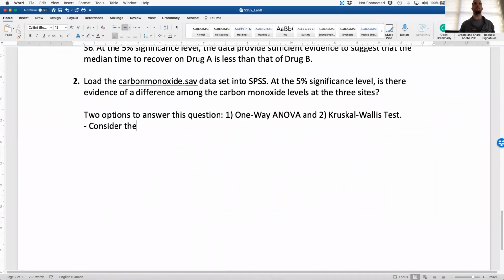So consider the following normal probability plot of the residuals from a one-way ANOVA analysis.